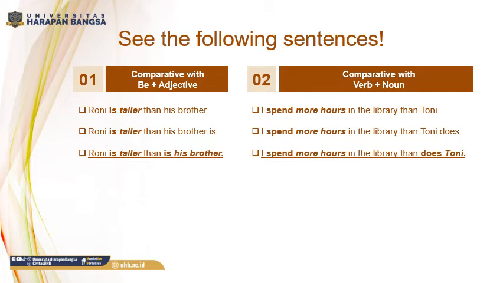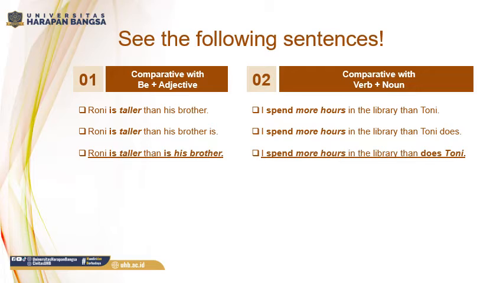For example, happy becomes happier, and then beautiful becomes more beautiful. Nah, it turns out that you can also make inversion using comparative forms. Jadi kita bisa membuat kalimat inversi dengan menggunakan bentuk komparatif.